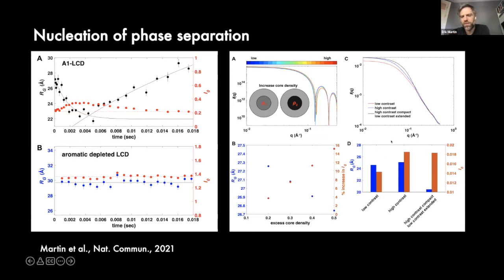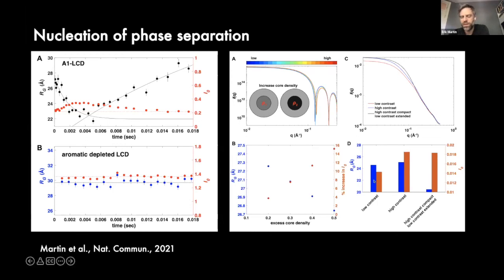We can do this in another way, which is either more sophisticated or less sophisticated, depending on how you look at it. This is essentially calculating what the scattering profile should be for a series of conformations of the disordered protein, and adjusting the scattering density of the coupled hydration shell in these proteins.